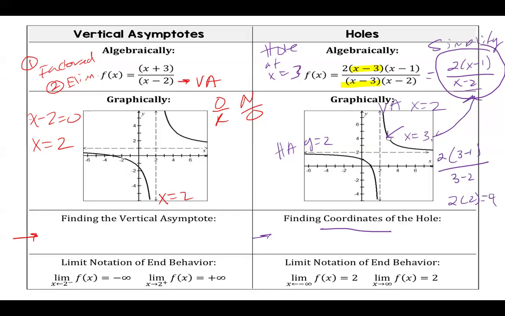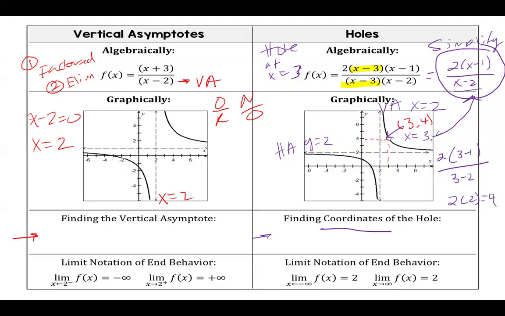Even looking at the graph, can you see that it's at 3 comma 4? You can see that that's where it would be. It would be at 3 comma 4 if it wasn't a hole. You don't take your hole and plug it back into the original because it's going to make it 0. You take the hole and you plug it back into the simplified.